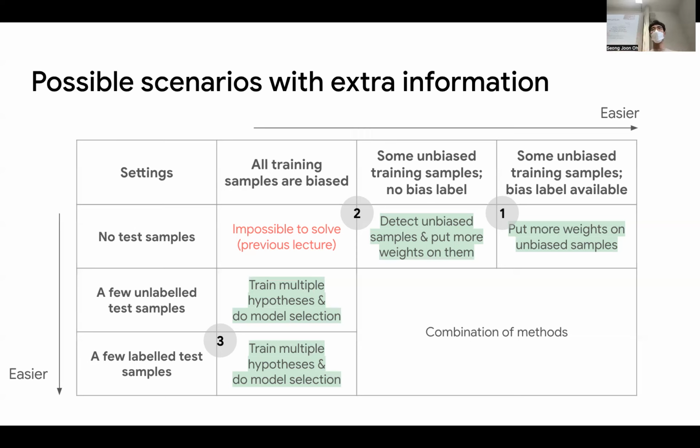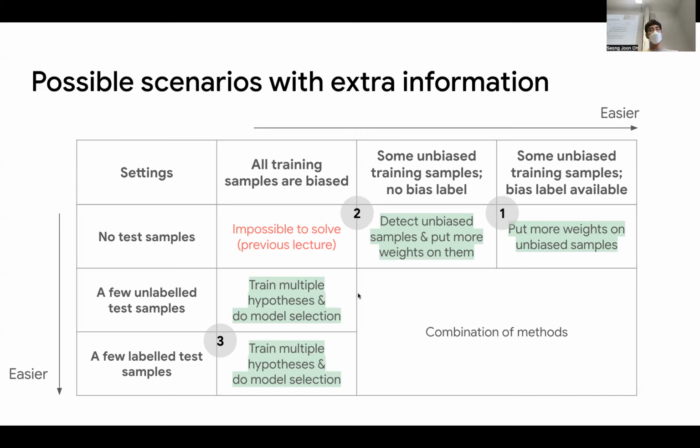Ideally, we want to push down the bias samples and put even more weight on a very small number of unbiased ones. And after doing this, your model is unbiased. So that was one axis: how many unbiased samples or bias labels are available in your training set.